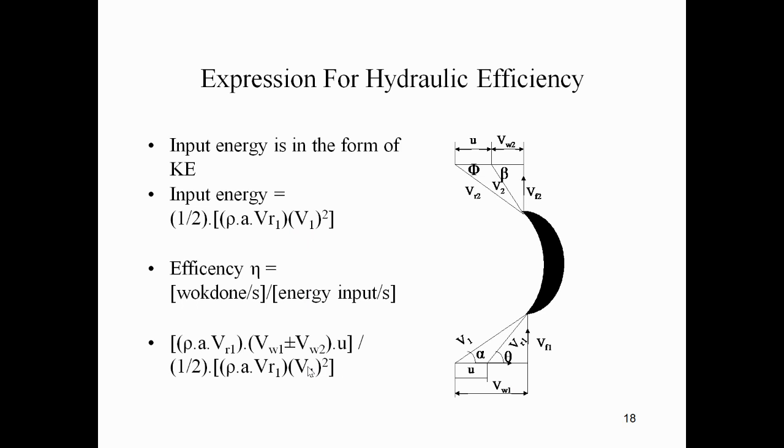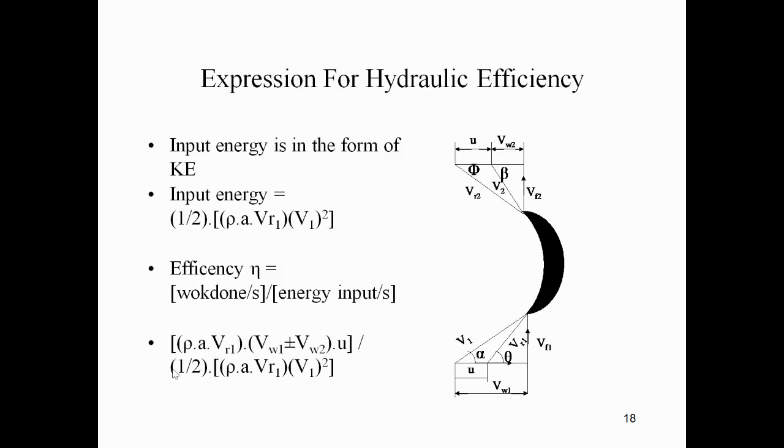From this we get the efficiency formula: eta is equal to rho A Vr1 into (Vw1 plus or minus Vw2) into U by half into rho A Vr1 into V1 square.